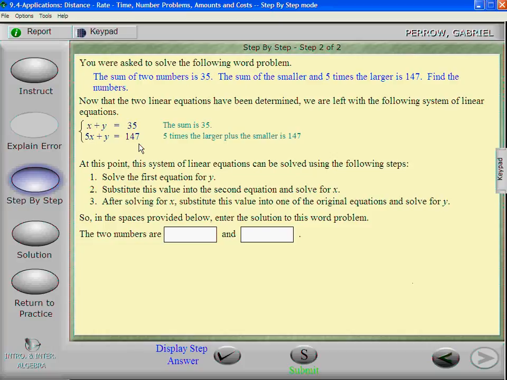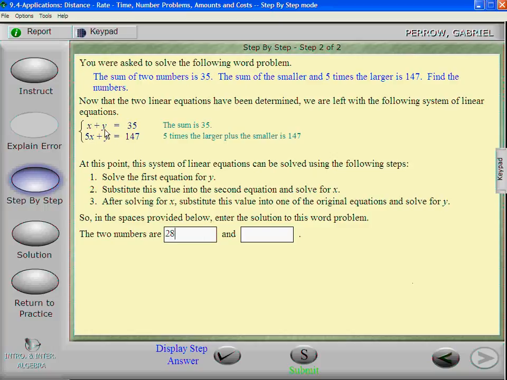And if we write that down there, 4x equals 112, if I divide by 4, looks like 28 would work. So based on that work, you could get 28 for the x value.